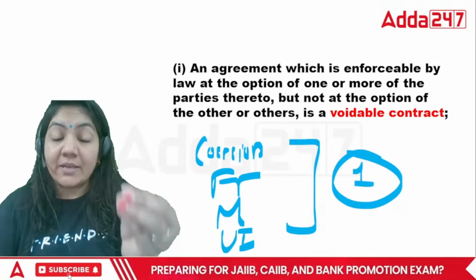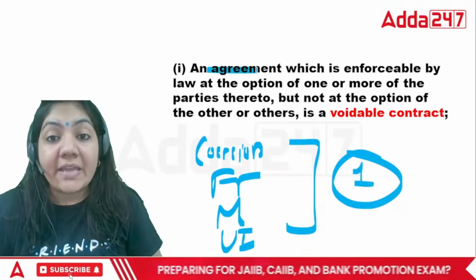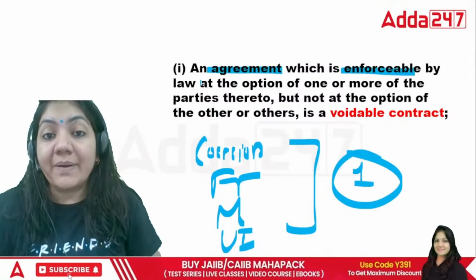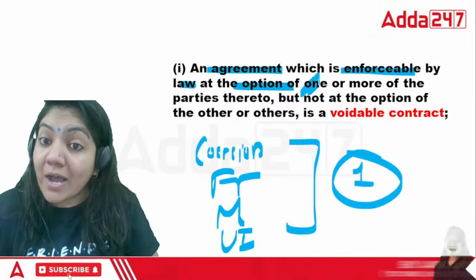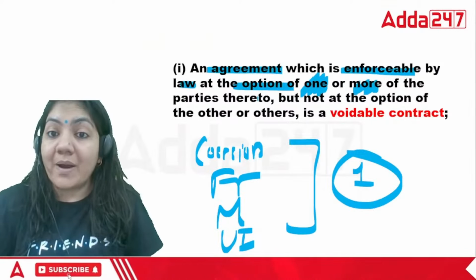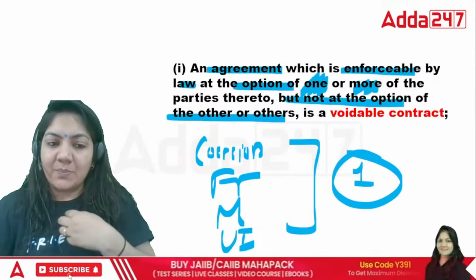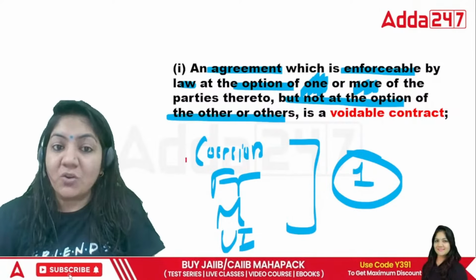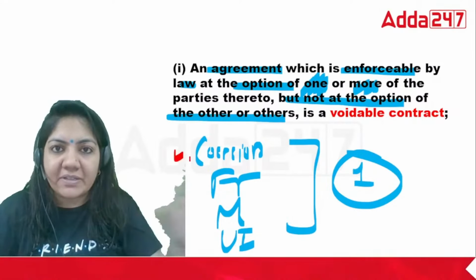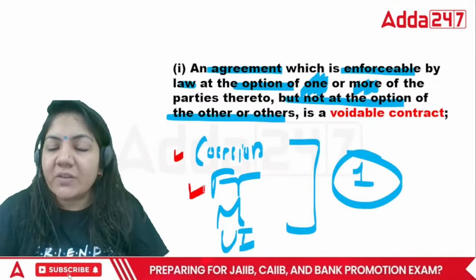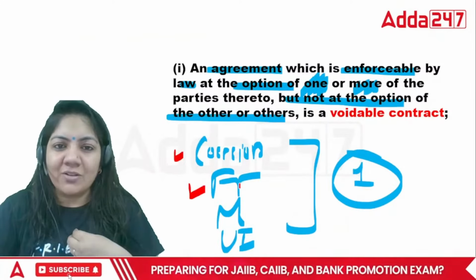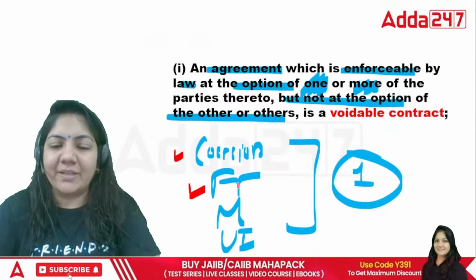Now see what is written here. An agreement which is enforceable by law at the option of one or more of the parties, but not at the option of the other. Suppose Nikita ma'am is doing fraud. Nikita ma'am does not want to break this contract.